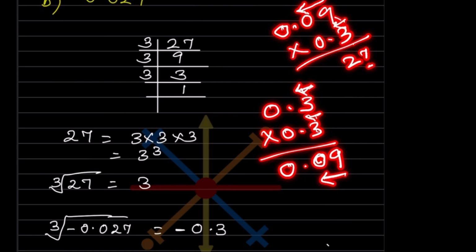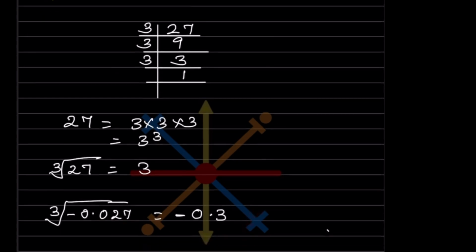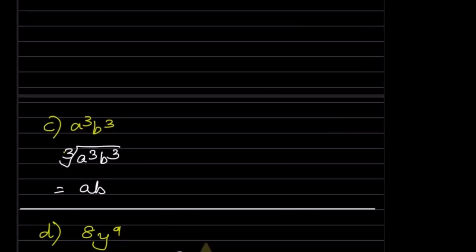So you will go backwards by 3 numbers, 1, 2, 3, and then put a decimal. So is this 0.027 the same? This is negative, so you are going to put a negative sign. So 0.3 into 0.3 into 0.3 is 0.027. So minus 0.3 is the answer.